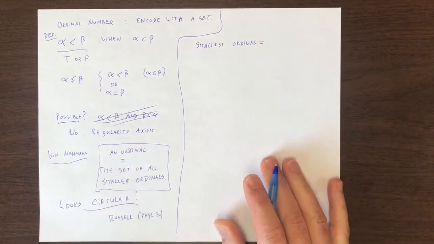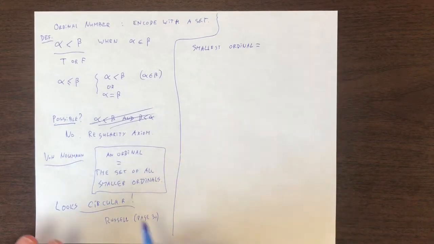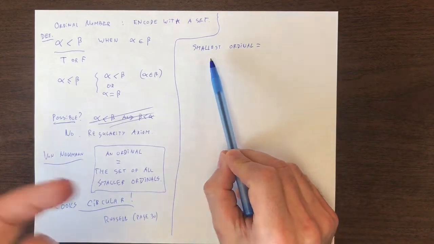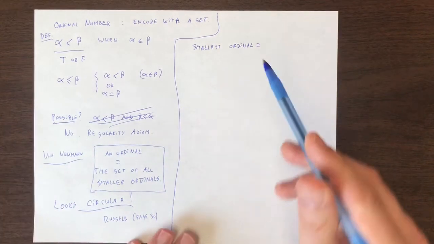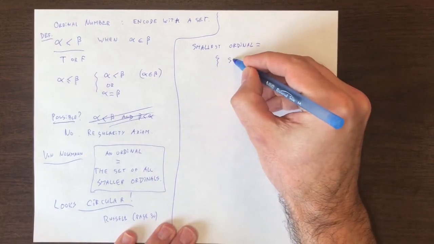So the smallest ordinal, according to von Neumann's definition, is the set of all smaller ordinals. But wait a minute, I'm trying to find the smallest ordinal.